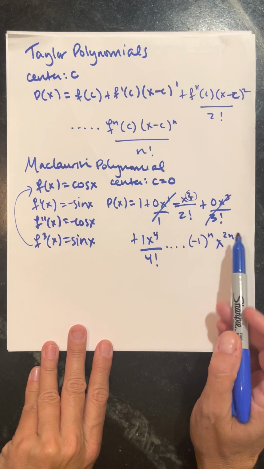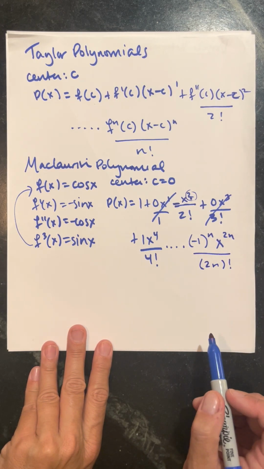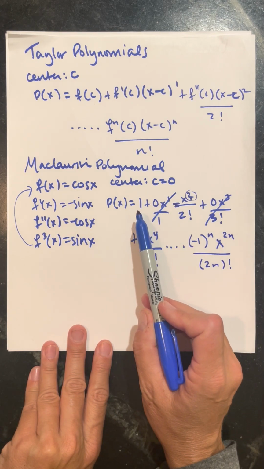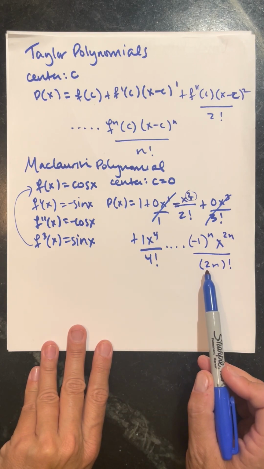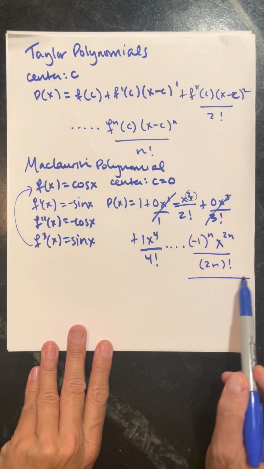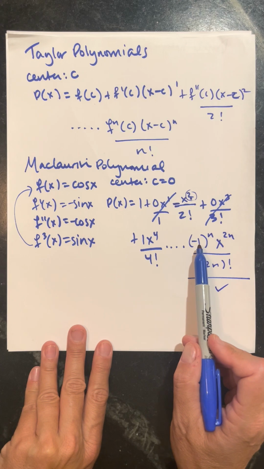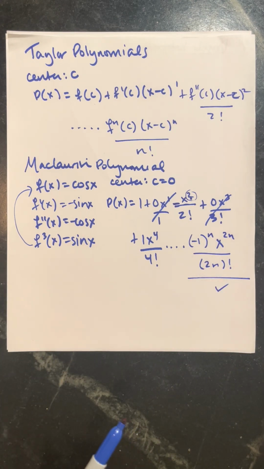So if my exponent is 2n, then I'm going to have 2n factorial. And again, if I want to start this, my first term has 0 x's. So if I want to start this at n equals 0, my first term is positive. This is a perfect nth term. If I plug in negative 1 to the 0, I get 1. So everything is all good.